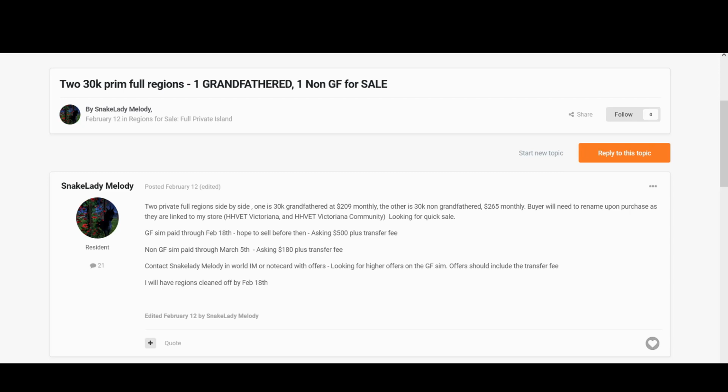The difference between grandfathered and non-grandfathered: some regions are very, very old and they've been here for a long time, and so you can buy one from a private seller for a certain amount, whatever amount they say, and then you have to do the transfer fee.